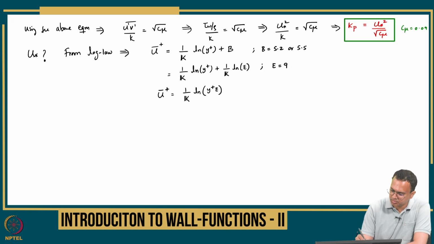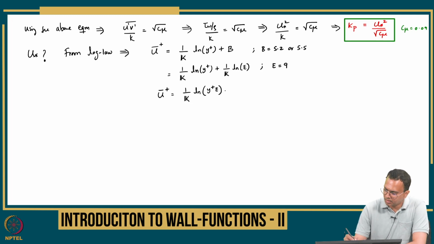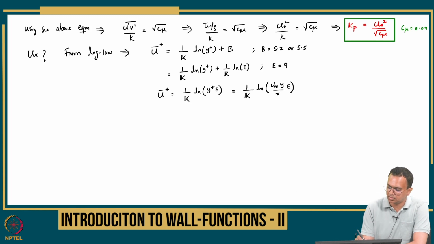This is how you can compute at the p node, but I am interested in u star, right? So the u star appears here naturally if I expand the y plus. What is y plus? It is u star y by nu. So u star y by nu e. Now all I would need is to obtain u star. If you recall, what is u bar plus?